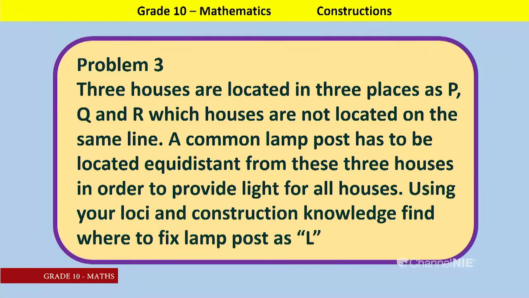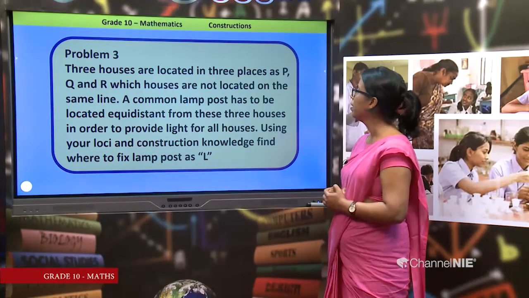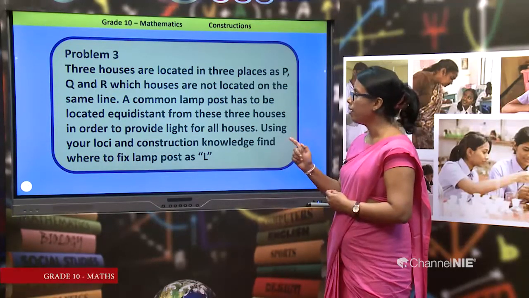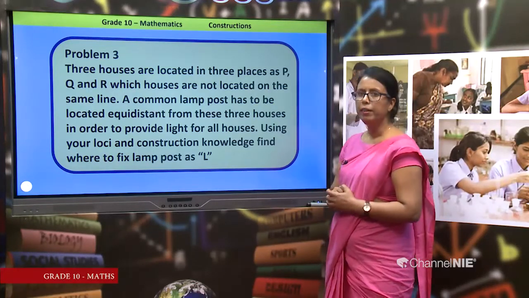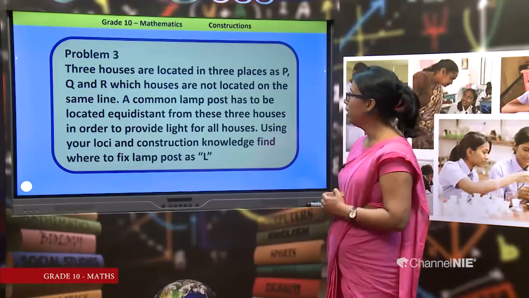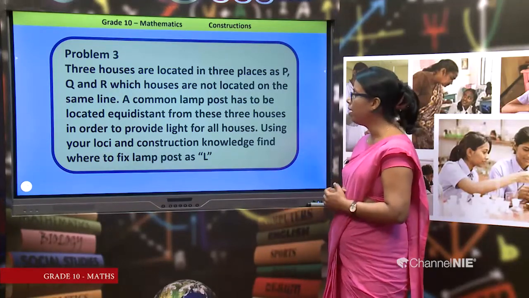Using your loci and construction knowledge, find where to fix the lamp post as L. Read that question carefully. 3 houses are there, P, Q, R. They are not on the same line. There is a common lamp post equidistant to P, Q as well as R.